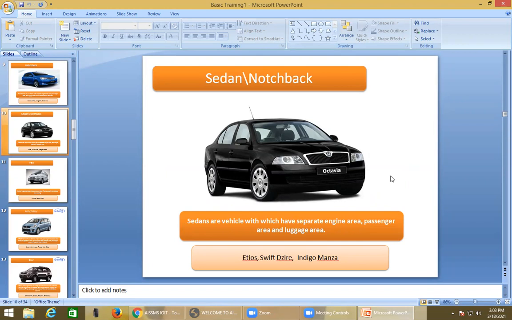The engine area is provided at the front side of the body. Then the passenger area is in the middle, and the luggage area is behind the passenger area. That type of vehicle is called a sedan type of vehicle. And as all of you are aware, the examples are the Swift Desire, Ethos, Indigo, Mazda, etc.